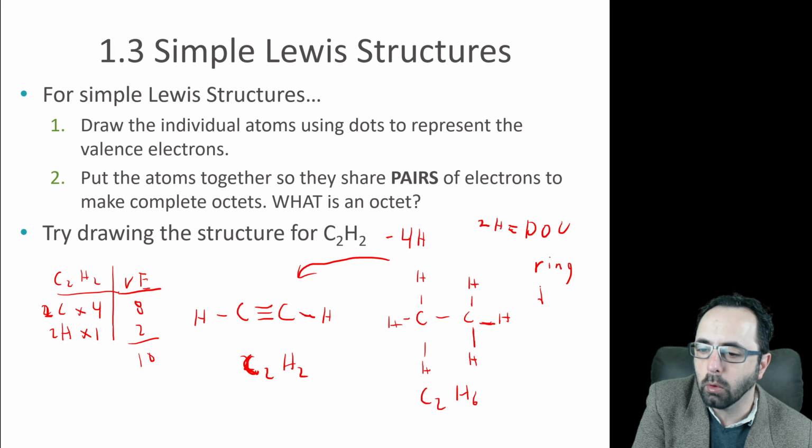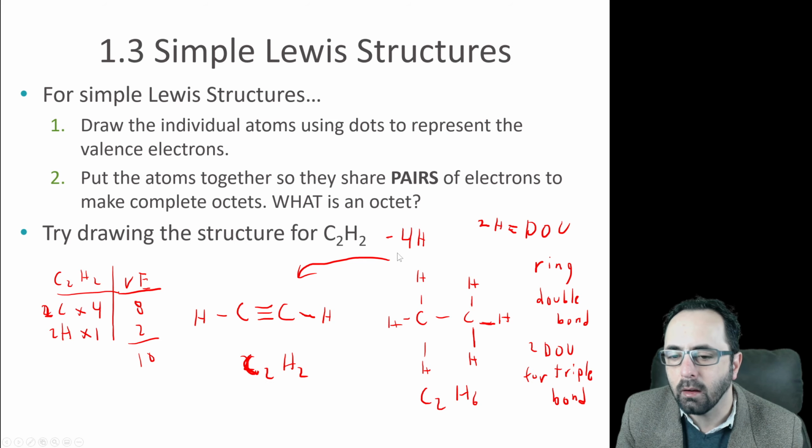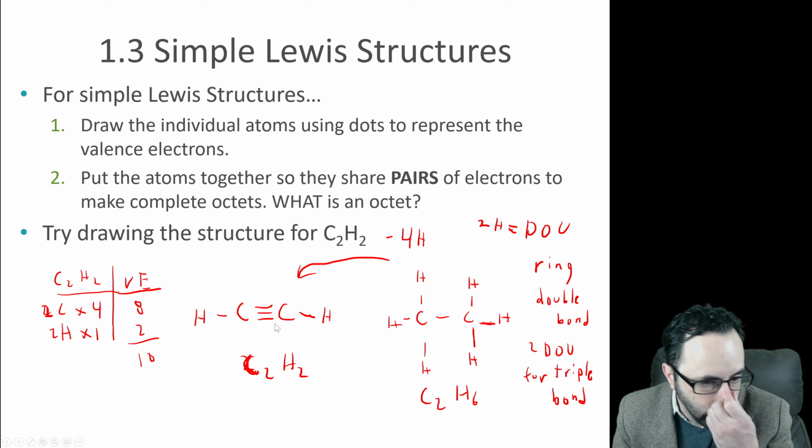It can be a double bond, which is 1 degree of unsaturation, or a triple bond is 2 DOUs. You don't have to know this just yet, but what I could see here is that with C2H2 there were 2 degrees of unsaturation. So that was a hint to me that we'd have a triple bond.